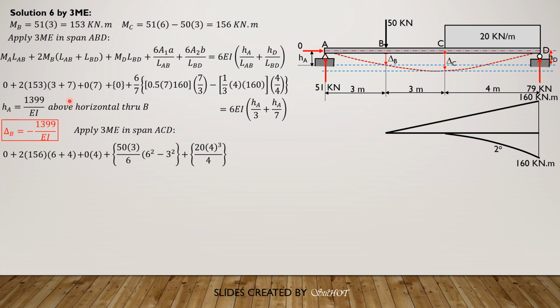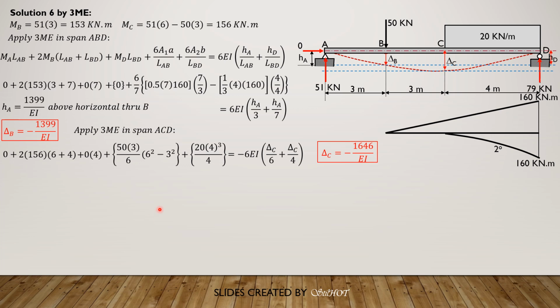By our experience here, because delta C is also negative, we just make this negative, and instead of h_A and h_D, which are equal, I replace them with delta C immediately. So negative 6EI times (delta C over 6 plus delta C over 4). The only unknown here is delta C. Solving for delta C is negative 1646 over EI.